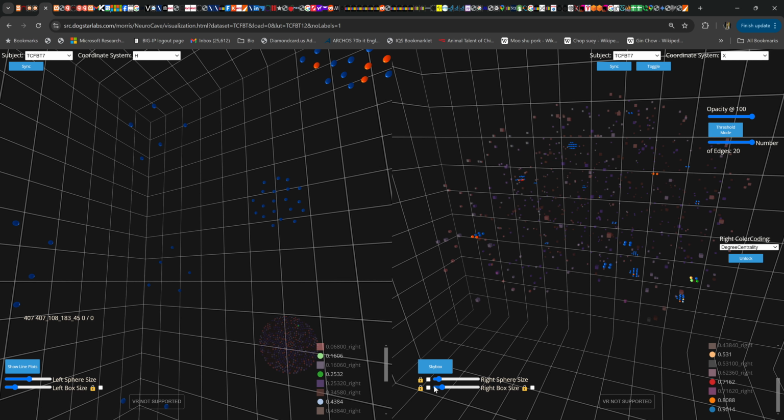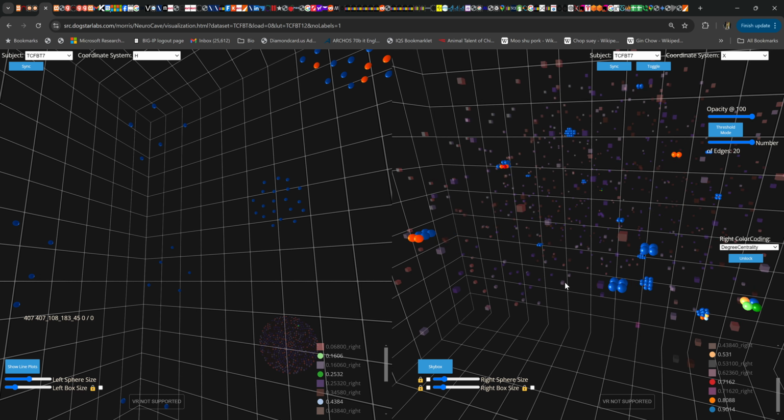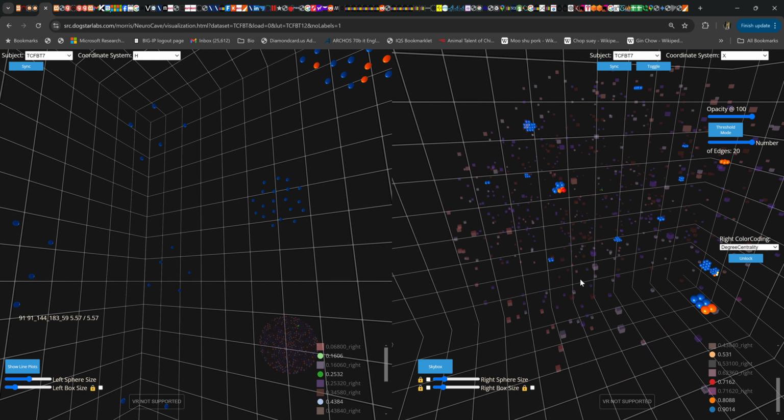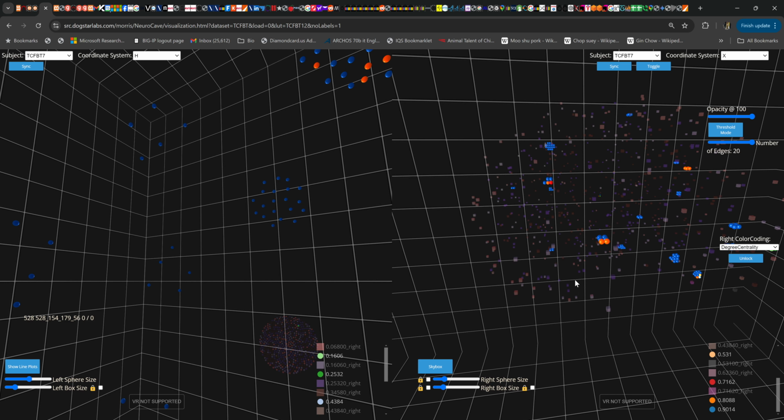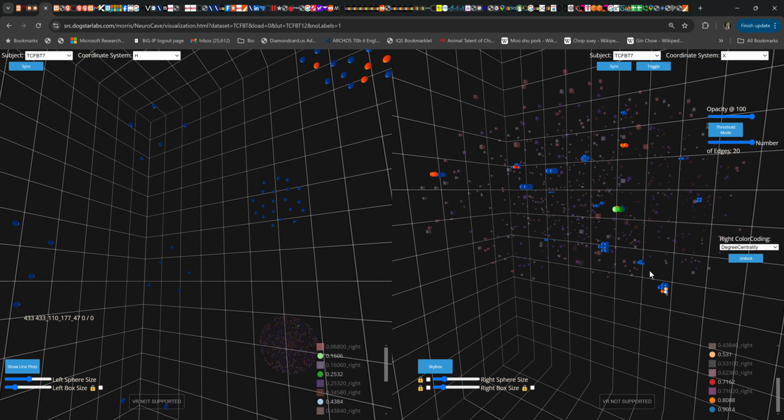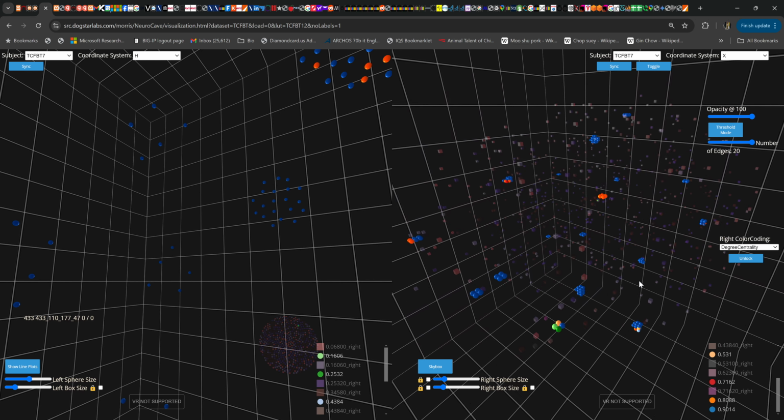And also reduce their size. Maybe increase the size of the spheres so you can really see the tumor regions in the context of which brain anatomy regions they're situated at.